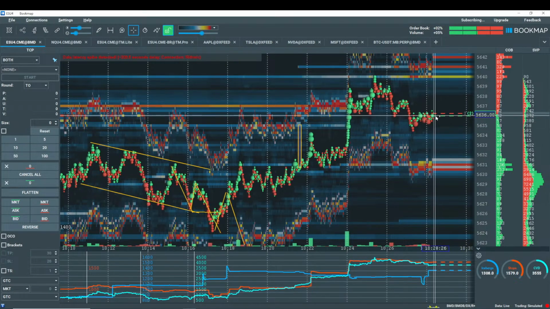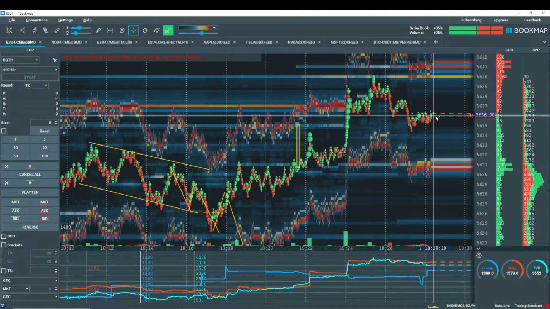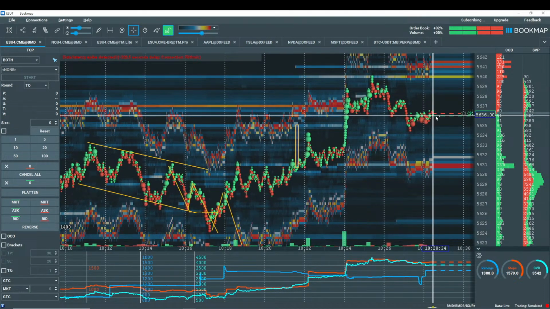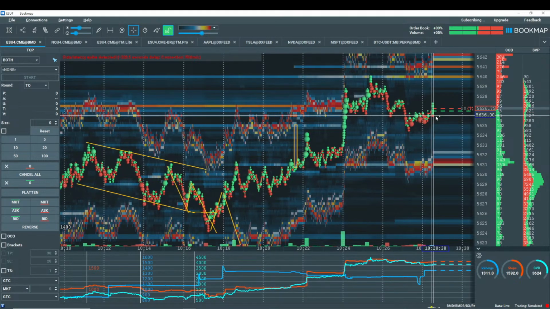So Rob, do these moves and these swings, and understanding the order flow within them, make sense to you?